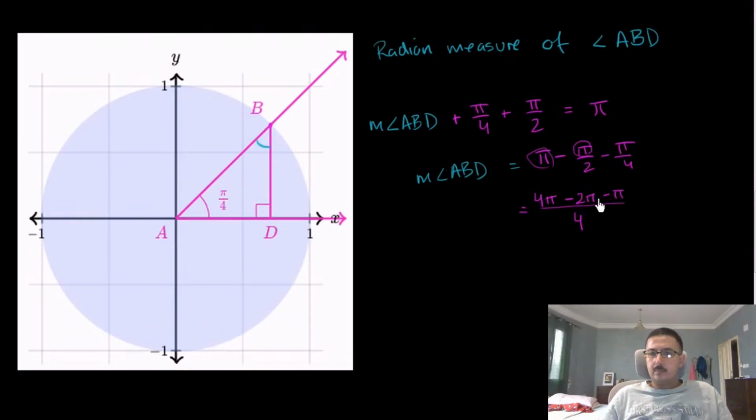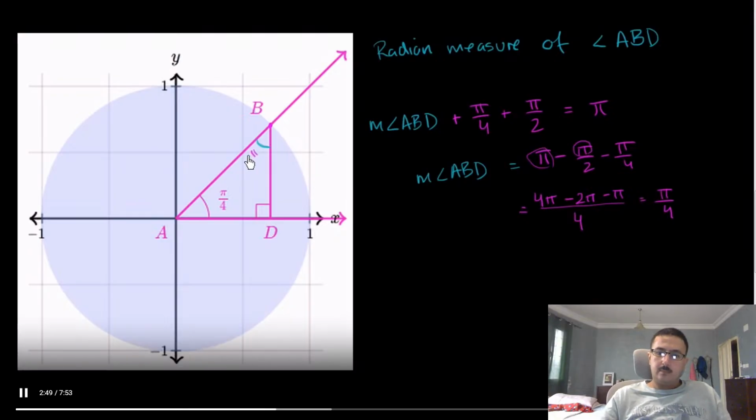So 4 minus 2 minus 1 is going to get us to 1. So the measure of angle ABD is actually the same as the measure of angle BAD. It is pi over 4. So that angle right over there is pi over 4.